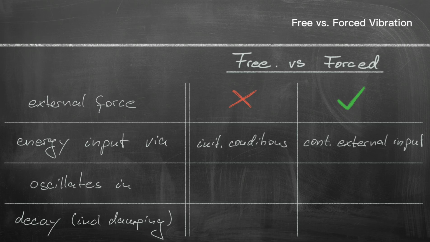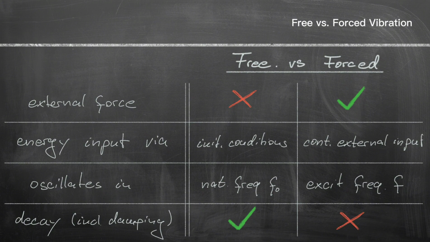The free vibration oscillates in its natural frequency, but the forced vibration in the excitation frequency from the external source. And assuming damping is considered, which is always the case in real systems, the free vibration decays after a certain time, whereas the forced vibration maintains its oscillation as long as the external source delivers input energy.